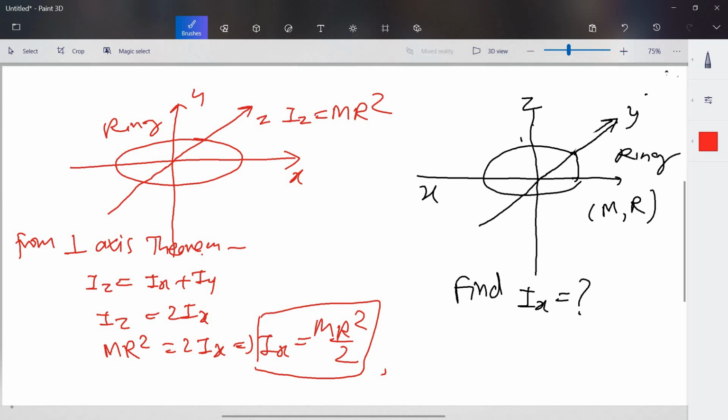For some examinations, people ask about the statement of this theorem. So let's write this statement for you.